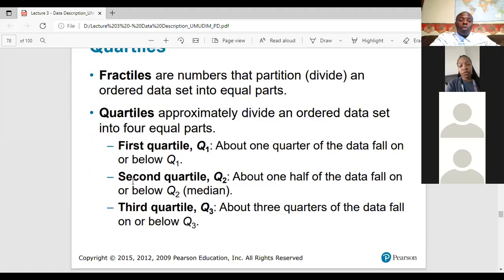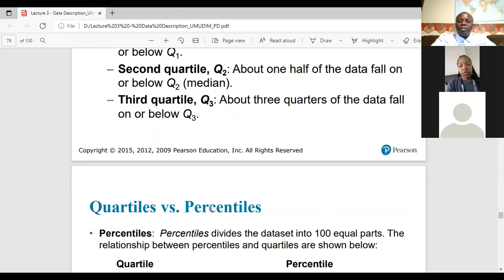Now, the ones we call quartiles divide the data sets into 4 equal parts that are separated by Q1, Q2, and Q3. Can you hear me? Yes, I do. So Q1 is called the first quartile, Q2 is the second quartile, Q3 is the third quartile. There's another type that we call percentiles.